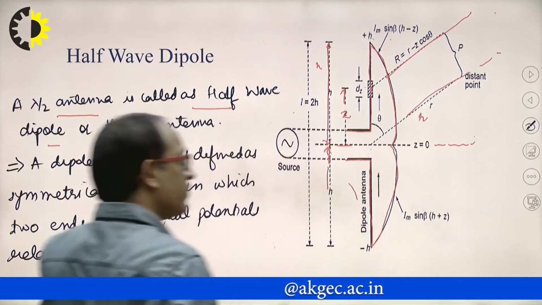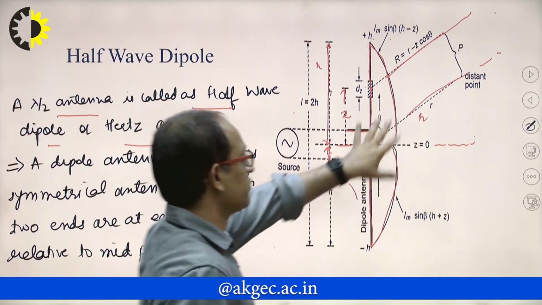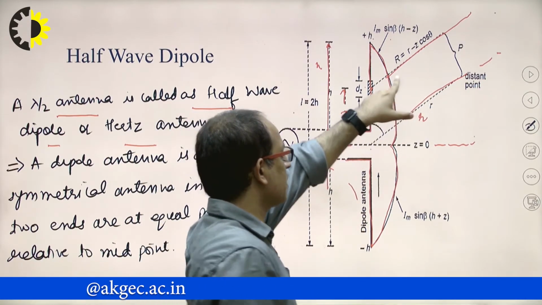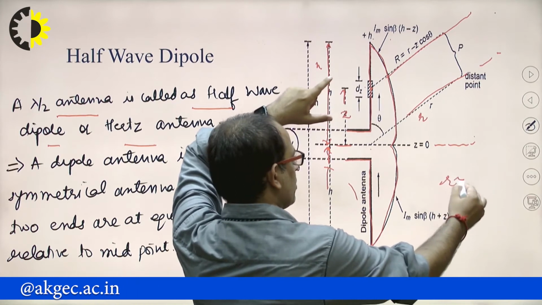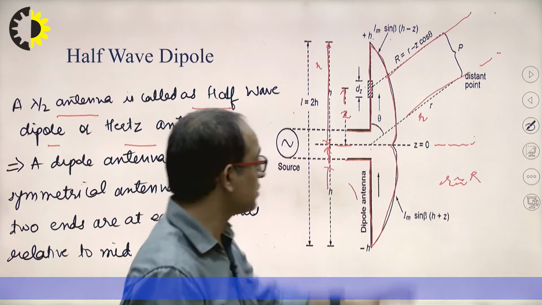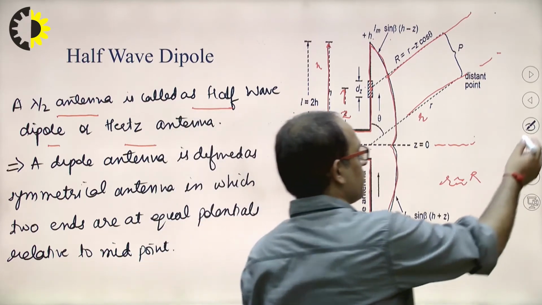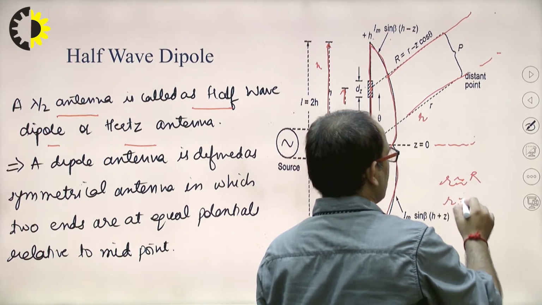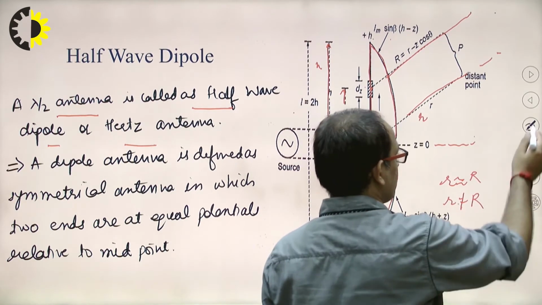So when we talk about the distance as a magnitude, R can be taken as r. But when we talk about this distance in terms of phase, then we cannot put it like this. Clear?